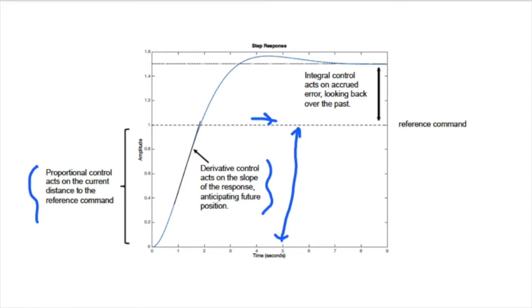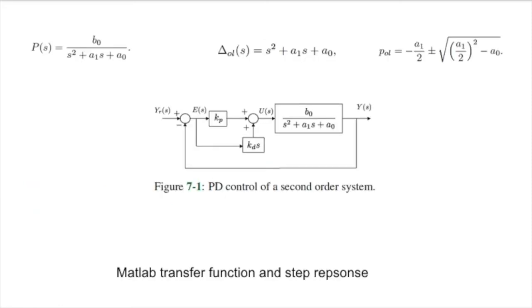Derivative control acts on the rate of change of the error, so on the slope. An integral controller acts on the steady state error between the tracked error and all. This summarizes the need for all the three different controllers.